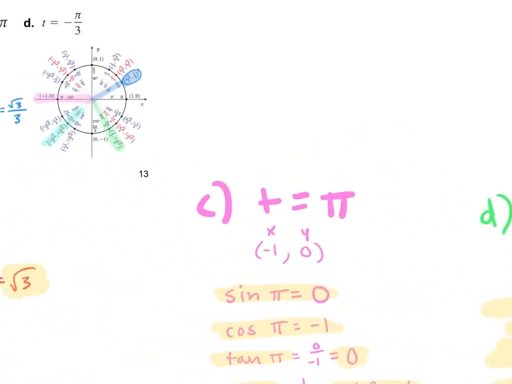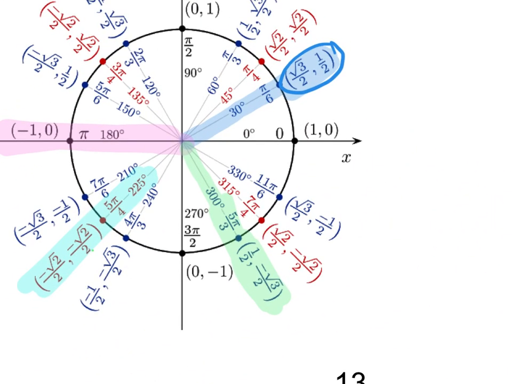Remember, for negative degrees, we're going from 0 down this way. So if we're going negative 60 degrees, we go down 60 degrees this way. That would be 300, because we start at 360 and we're going down 60. Okay. All right, thank you. You're welcome.